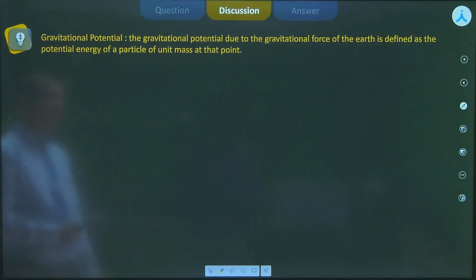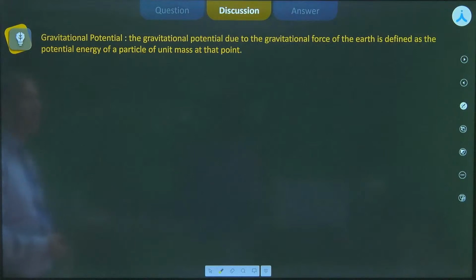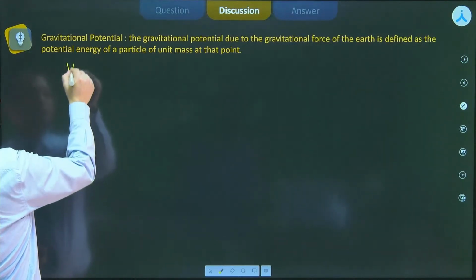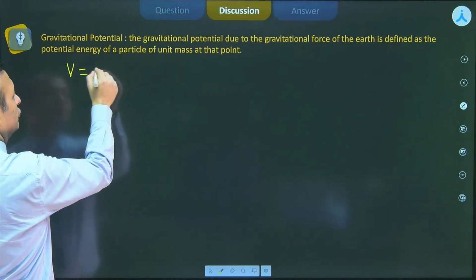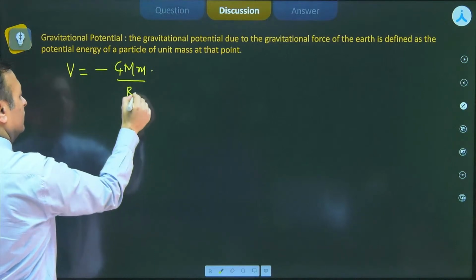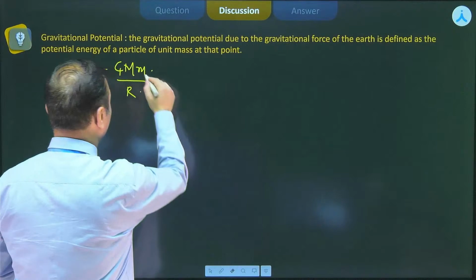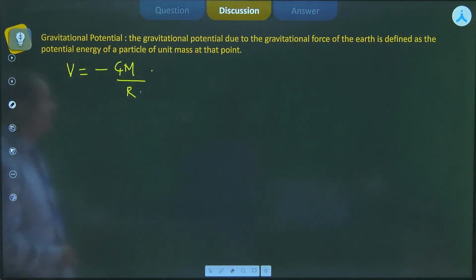Gravitational potential. So gravitational potential due to the gravitational force of Earth is defined as the potential energy of a particle of unit mass at that point. Potential energy was defined like this. When you say per unit mass, simply remove this mass and you will have minus G capital M by R as the gravitational potential.